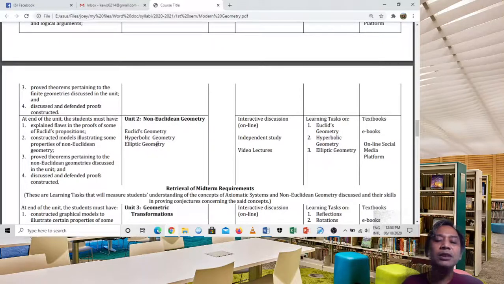The two most famous non-Euclidean geometries are the hyperbolic geometry and the elliptic geometry. This would be taken up in this unit.